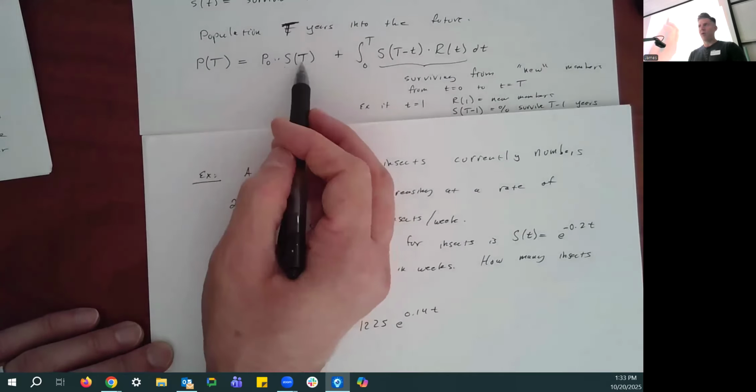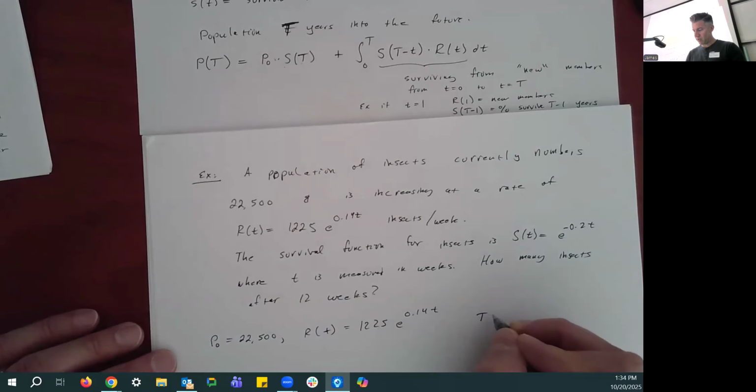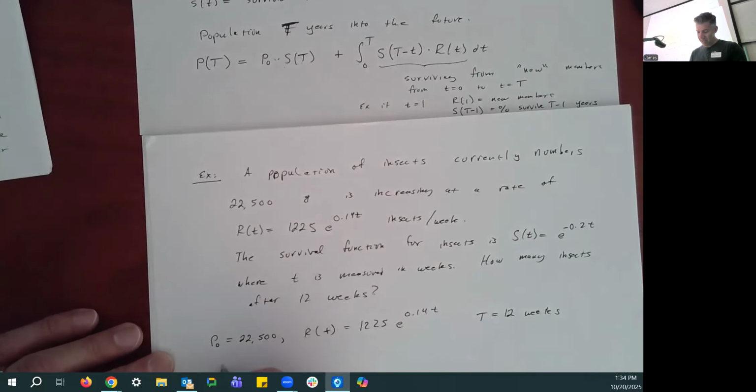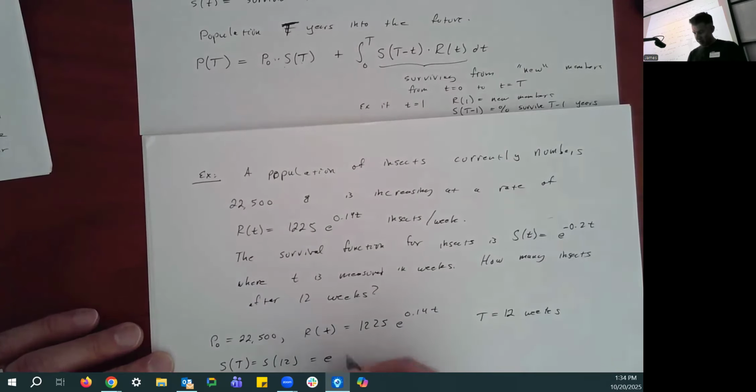What's capital T here? Our capital T is how much time we're interested in, which is 12 weeks. Our S of capital T is going to be S of 12. So we're just going to take our S of t and plug in 12, and we get e to the negative 0.2 times 12.